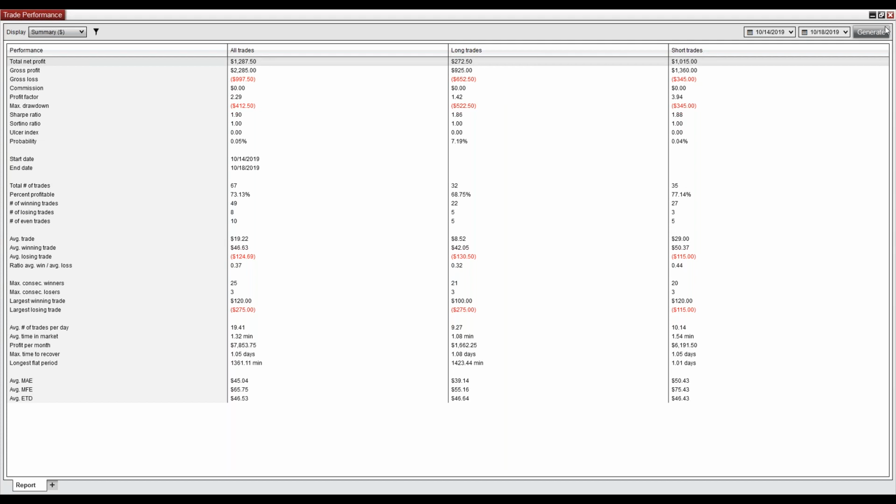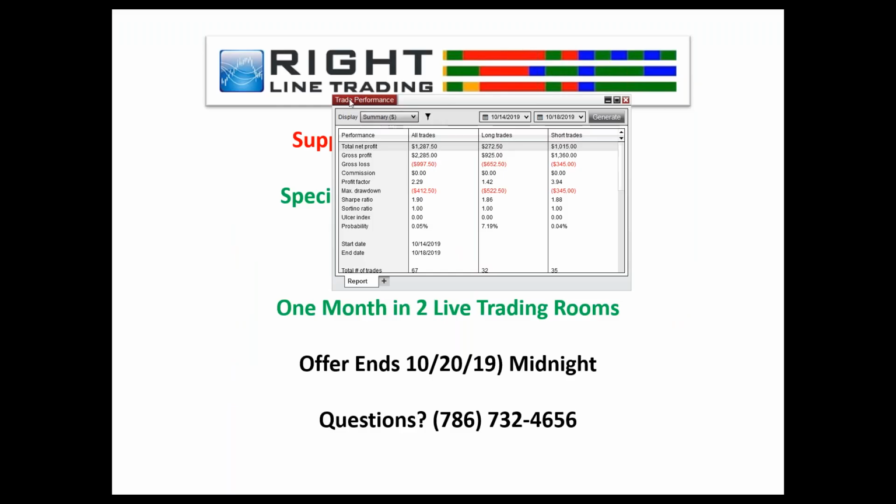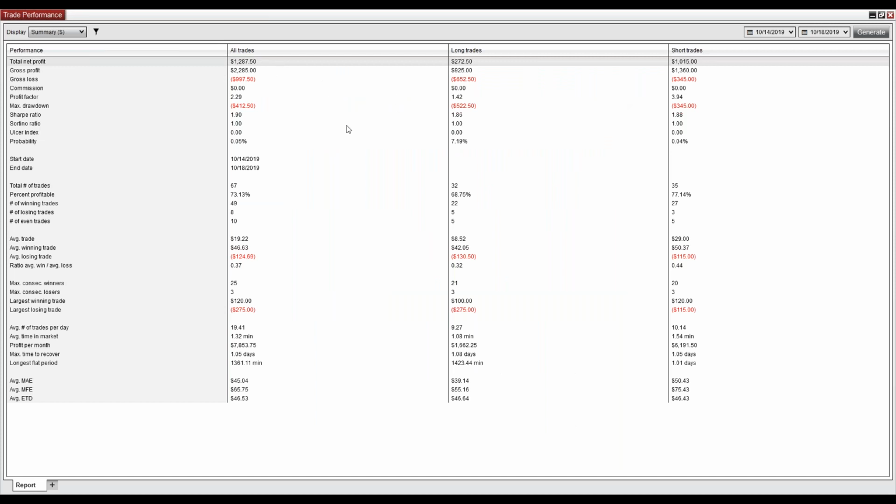And that's on a very small number of contracts. If you traded a 3-lot or a 4-lot or a 5-lot, you'd be up $3,000, $4,000, $5,000. I keep it very small because I want everybody to be able to follow how I do. And I only took 3 losers all week.